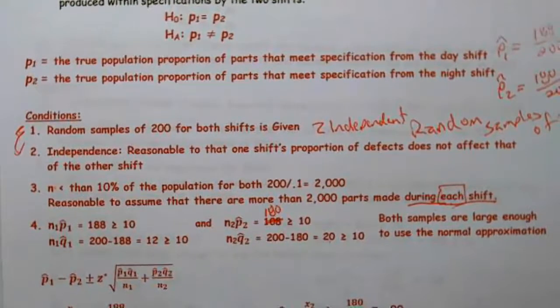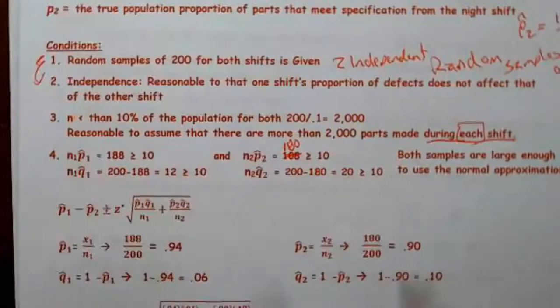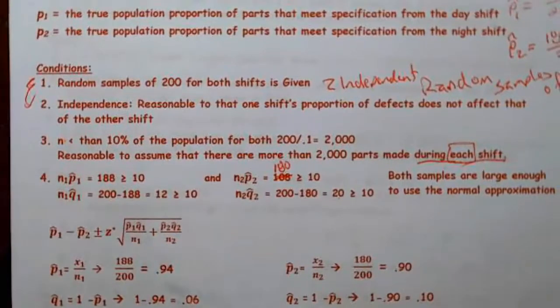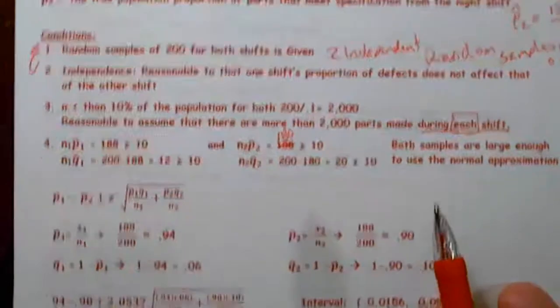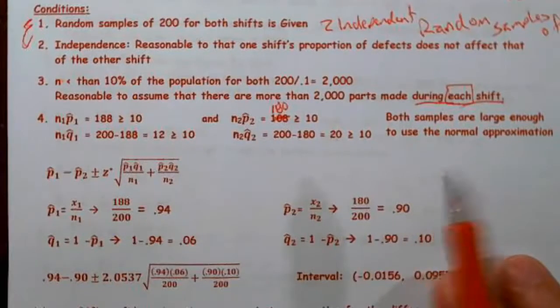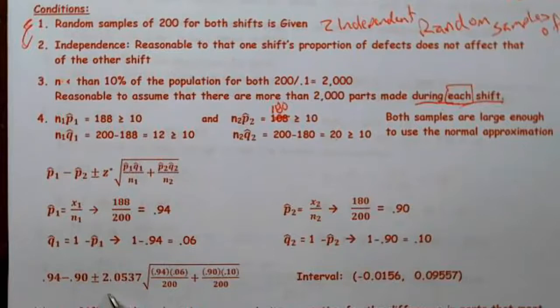So what is P hat 1? Well, we already wrote it up above. We said it's 188 over 200, and that's 0.94. P hat 2 is 180 over 200, which is 0.9. I went ahead and solved Q there. I didn't have to, but I did.